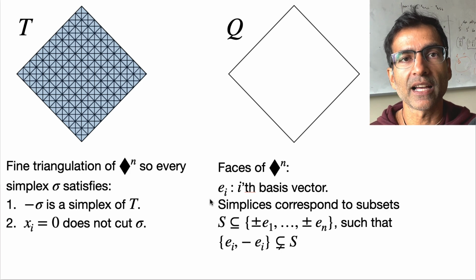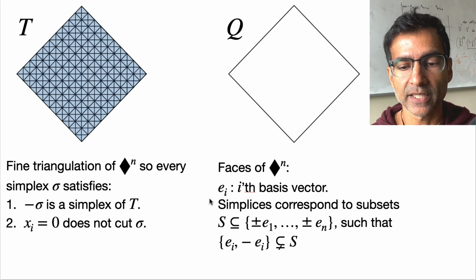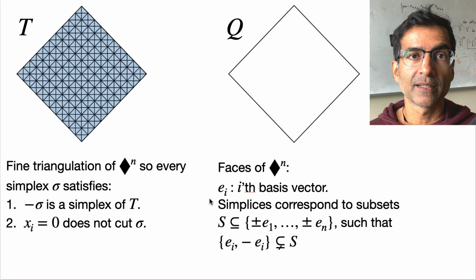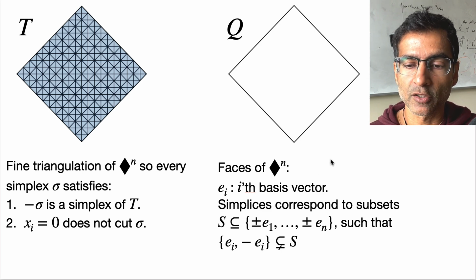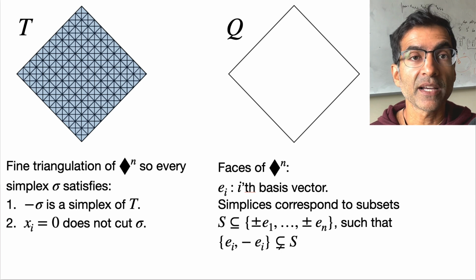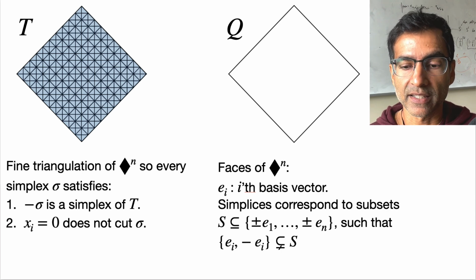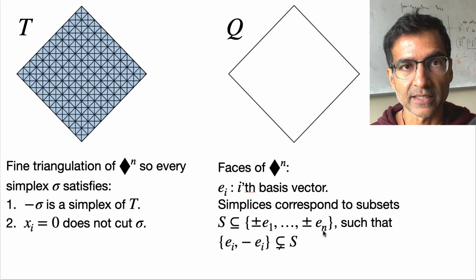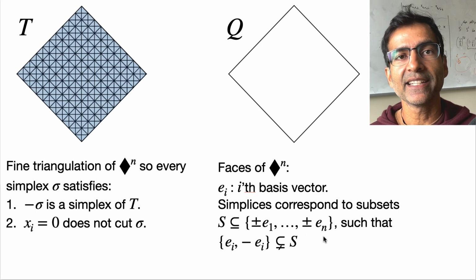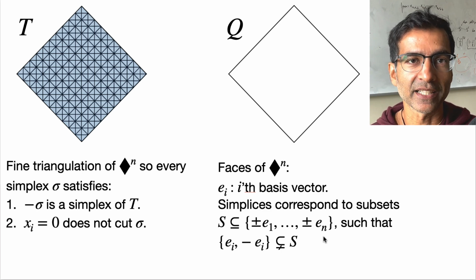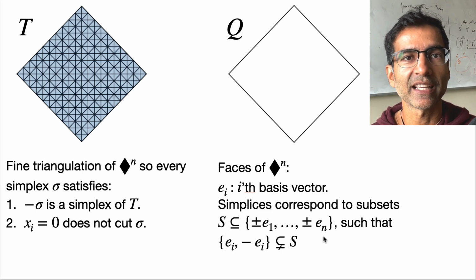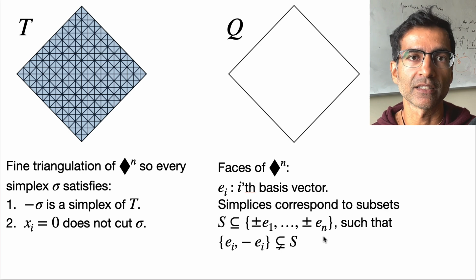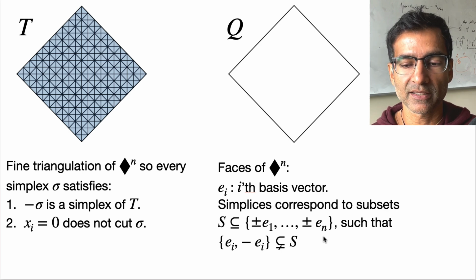If Ei denotes the ith basis vector in this space, the simplices of largest dimension in this simplicial complex are the n-1 dimensional simplices that correspond to subsets of plus or minus E1 through plus or minus En, which are of size n and contain for every i exactly one of Ei and minus Ei. So those are the n-1 dimensional simplices of this simplicial complex.